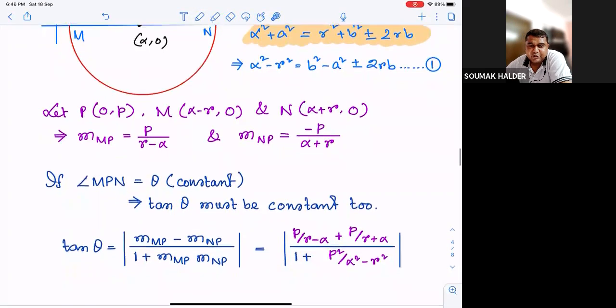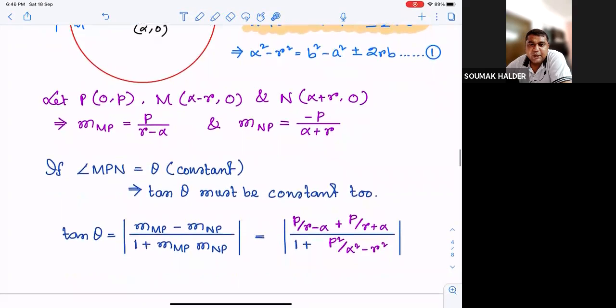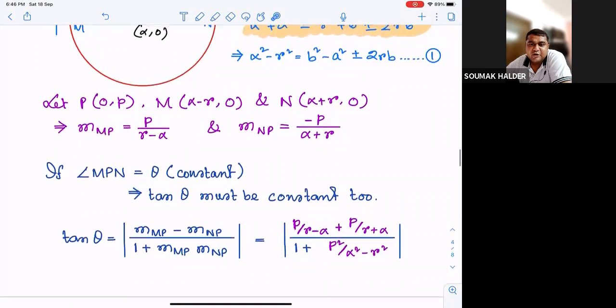We have multiplied the numerator and denominator with alpha square minus r square. Now, as soon as we do that, we can identify that alpha square minus r square is going to play an important role. So alpha and r are both considered variables, and alpha square minus r square has been written, as far as possible, in terms of the given constants.